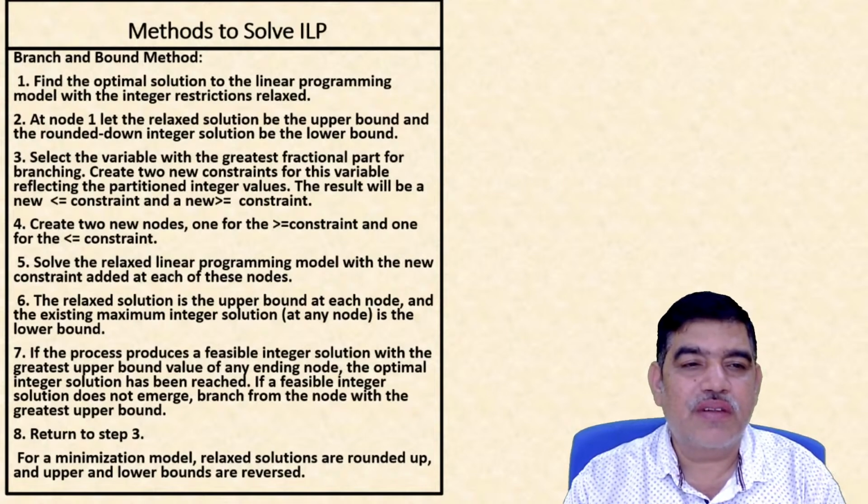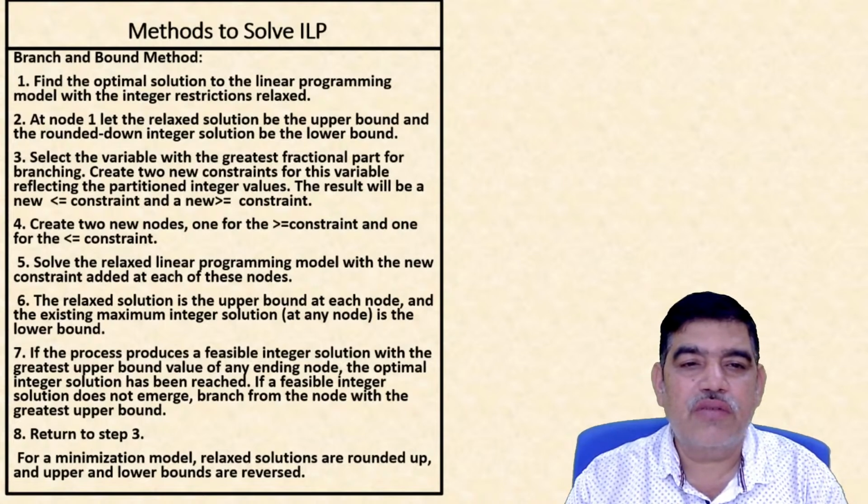This means that in the first step, we do not require the decision variables x1, x2, x3 to be integers. Then the second step: at node 1, let the relaxed solution be the upper bound and the rounded down integer solution be the lower bound.